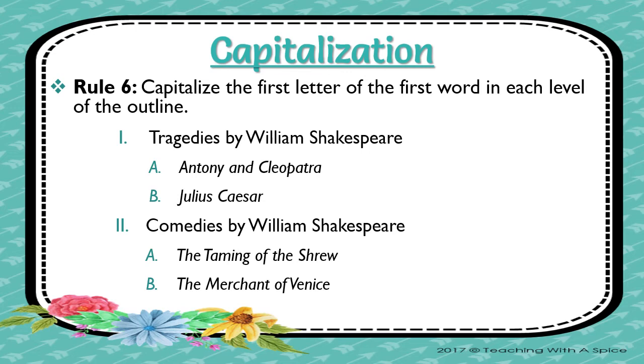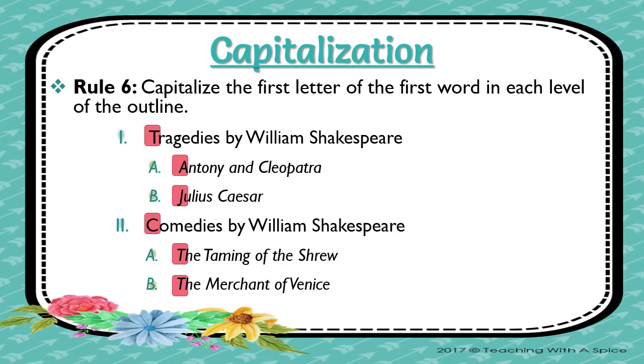So the tragedies by William Shakespeare, that would be his plays and books that ended very sadly, and the comedies by William Shakespeare, that means they ended happily. So in each level, you need to capitalize the first letter of the first word. So Tragedies needs to be capitalized, Antony, Julius, Comedies, The, because they come at the beginning of each level.